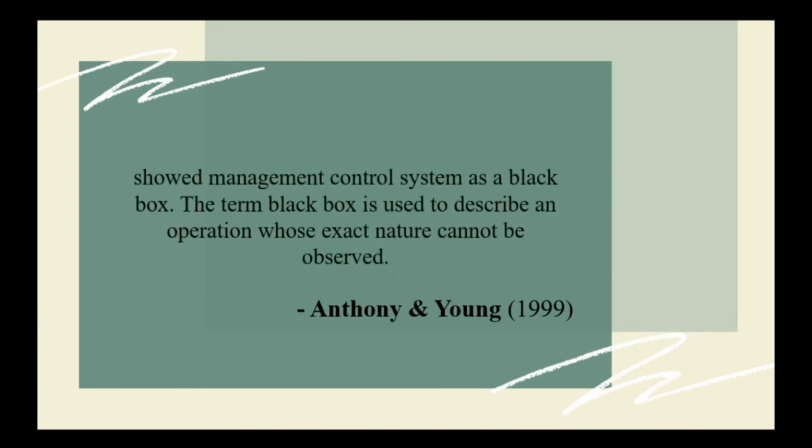And according to Anthony and Young in 1999, they showed the management control system as a black box. The term black box is used to describe an operation whose exact nature cannot be observed. So broadly speaking, management control systems are methods that businesses use to collect information that will later direct the behavior of corporate officers and managers, usually in order to achieve some specific goal.